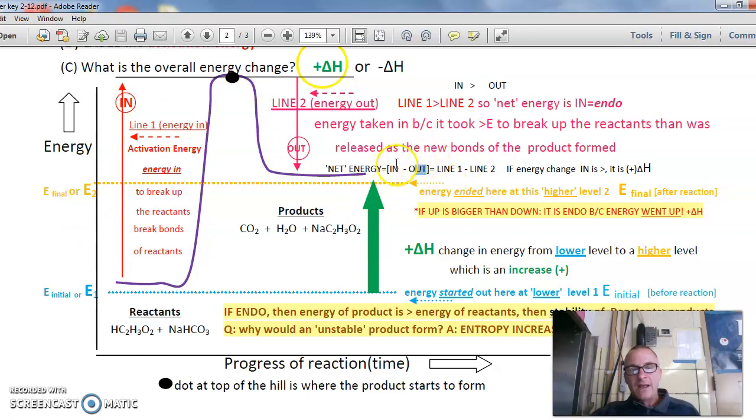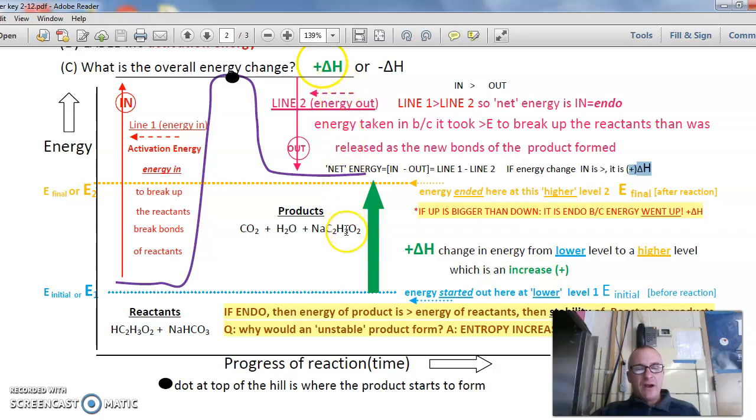More went in than out, so that is positive. A big number minus a smaller number will result in a positive number. So the enthalpy is positive. A positive triangle H, a positive enthalpy.